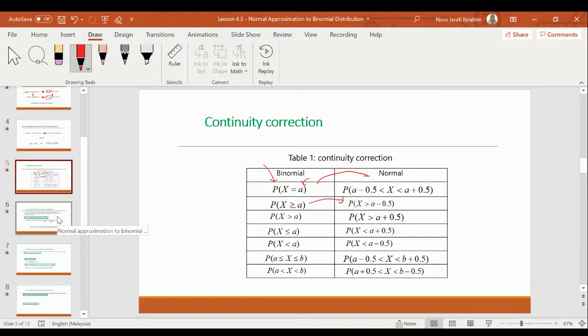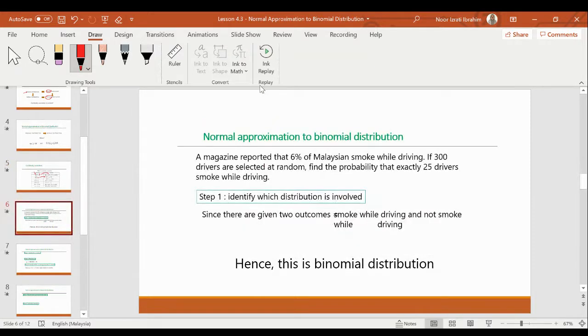Let us look at the case scenario here. A magazine reported that 6% of Malaysians smoke while driving. When we talk about smoking while driving, we have only two possibilities, either smoke while driving or did not smoke while driving.